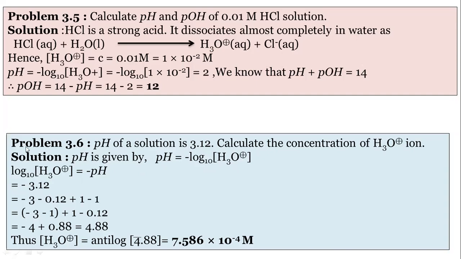Log 10 means this negative sign is shifted to the right hand side. Log 10 H3O plus is equal to minus pH. So minus 3 minus 0.12, plus 1 minus 1. This is for your understanding purpose. We can solve according to your ideas.